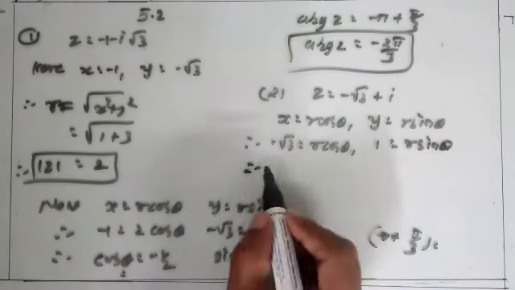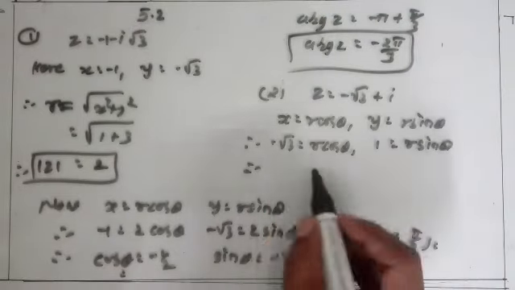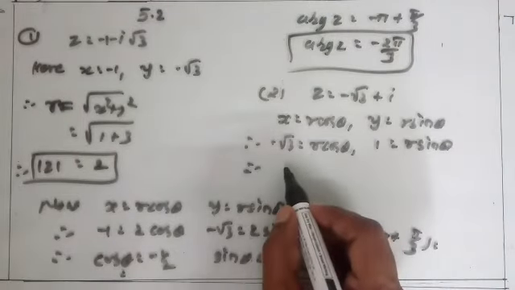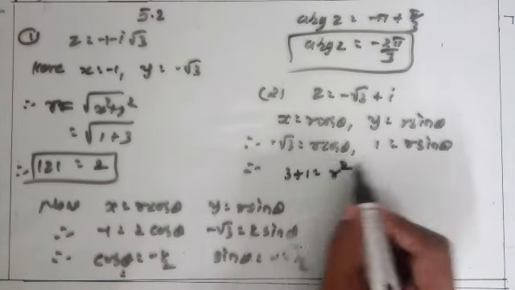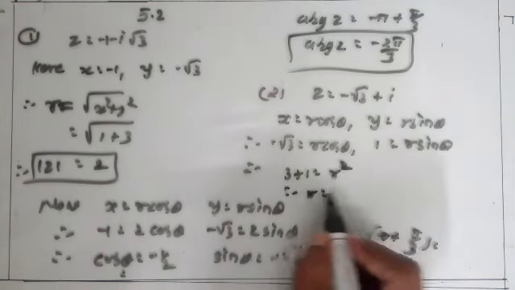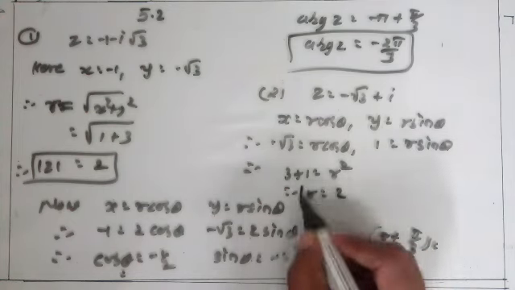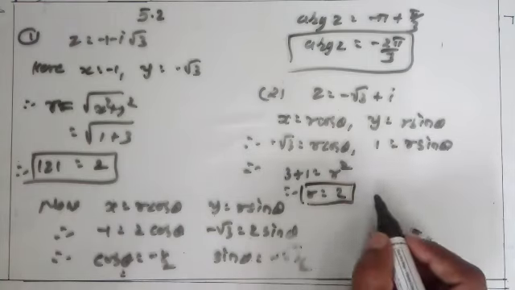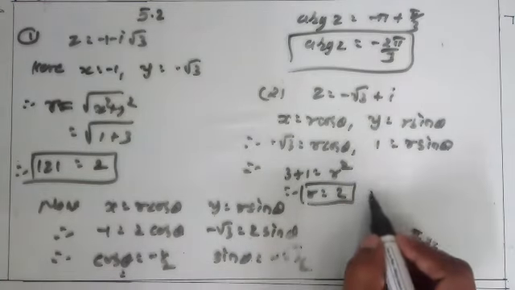Now taking the sum of squares of both sides, we get root 3 square, 3, plus 1 square, 1, is equal to r square. Clear? Therefore, r is equal to root of 4 is equal to 2. So r is equal to 2. This is the modulus of the given complex number.